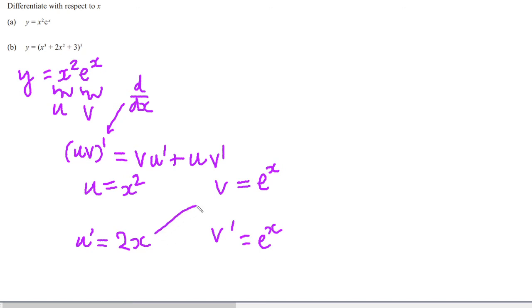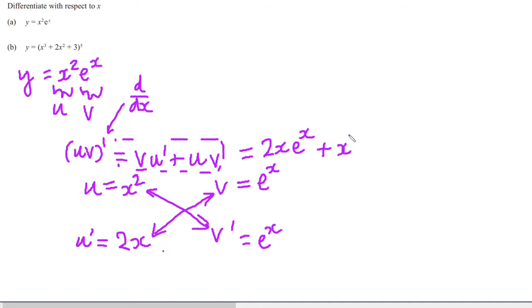So we multiply these two, and u prime times v is 2x e to the x. So 2x times e to the power of x plus u times v prime, so x squared multiplied by e to the x. You don't need to draw these arrows here and there in your working because the examiner will know that's what you're doing since you've written your formula out here.